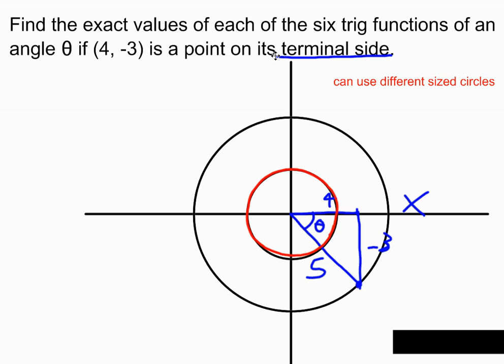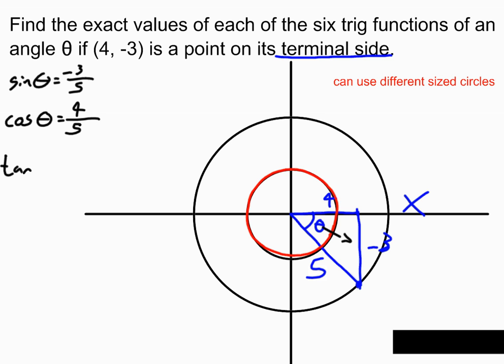We'll start with sine. Sine of theta is equal to opposite over hypotenuse. Cosine of theta is equal to adjacent over hypotenuse.